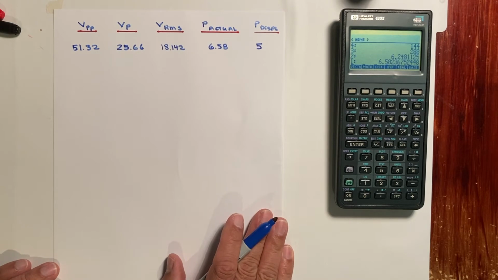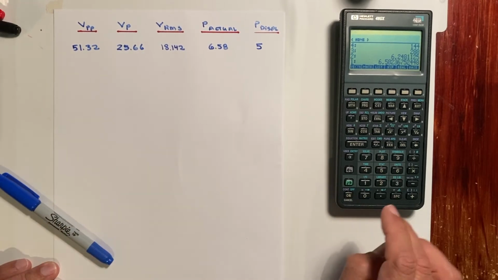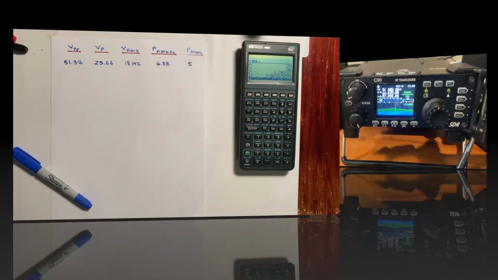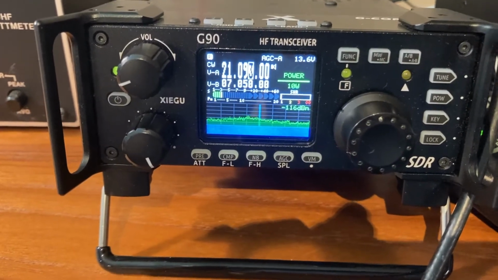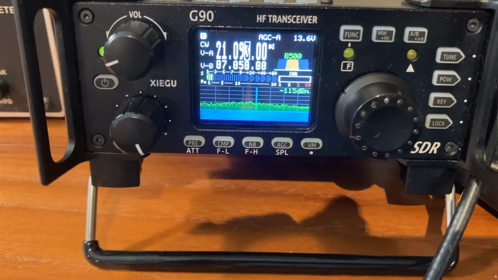what is displayed. We'll keep on going and filling out maybe for 10, 15, and maybe 20 watts. Okay, so now what we've done is we've gone ahead and increased the power to 10 watts on the Xiegu G90. So now what we do is we go ahead and furnish the signal.